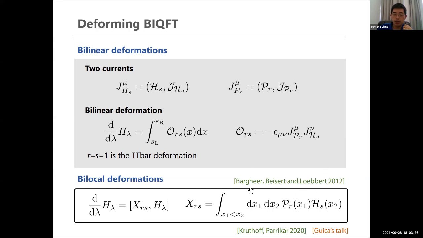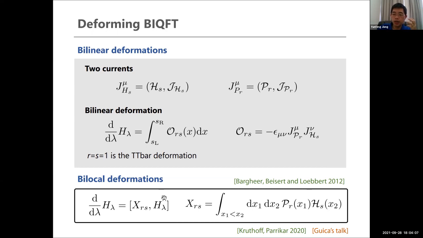As we learned, also cited in Monica's talk yesterday, in 2020 Yuri Krusov and Onkar Parikh also used this type of equation to study the deformed eigenstates. And in Monica's talk yesterday, she made heavy use of this type of deformation to study the TTbar deformed Virasoro algebra.